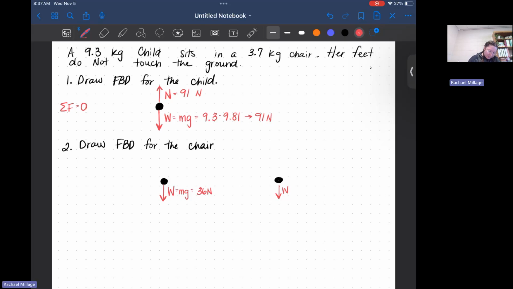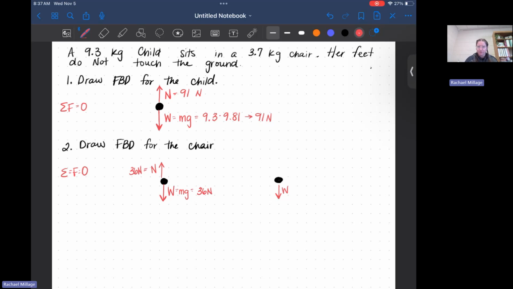And then there has to be some sort of normal force that's equal and opposite, pushing up on it to make the sum of our forces equal 0, because again, it's in equilibrium. It's not going anywhere. That's the chair if it were by itself.